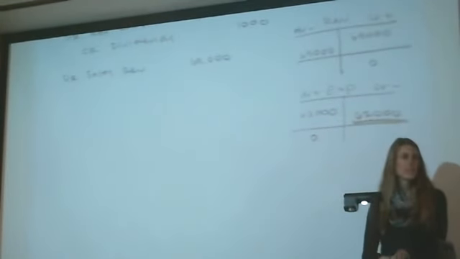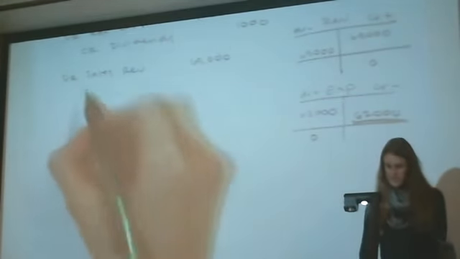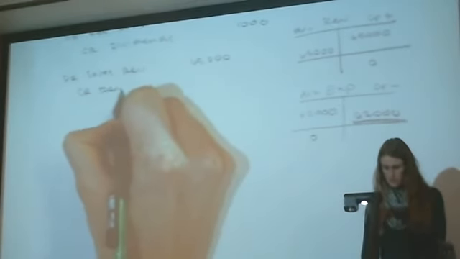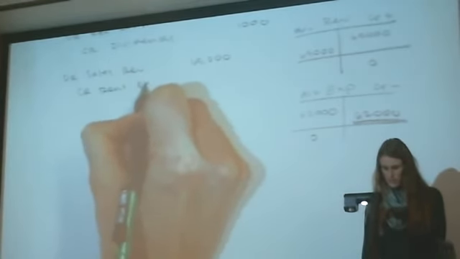So just like we did for the sales revenue, we do the exact same thing with all of our expenses. We have rent, we have insurance, we have wages, we have utilities, we have supplies.